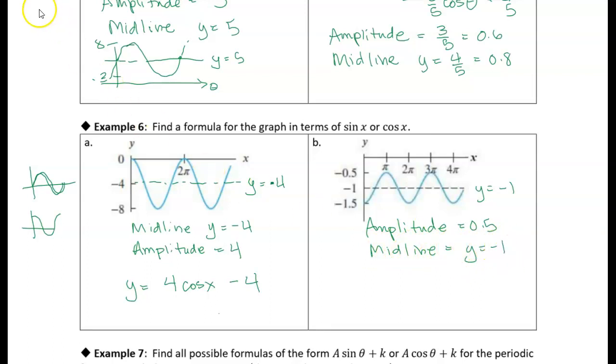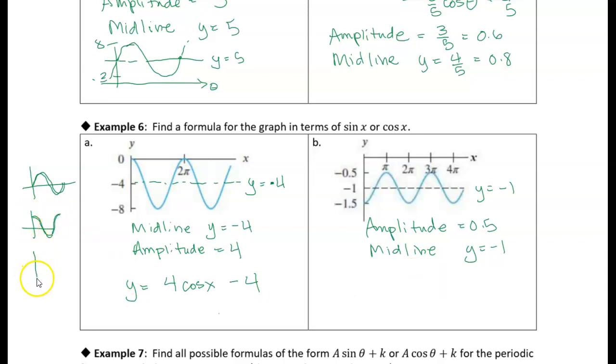I guess I don't need the other equals. Let me erase that. And so essentially our k is -1 and our amplitude is 0.5. Now again, we have to decide, does this look like a cosine or a sine function? So this looks like a cosine function, but it doesn't start and stop at the peak, right?